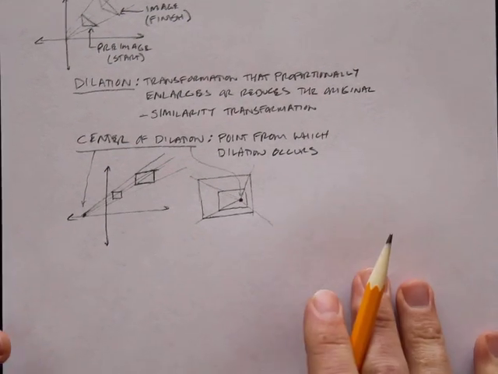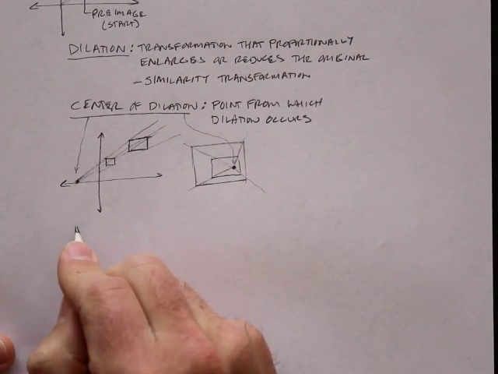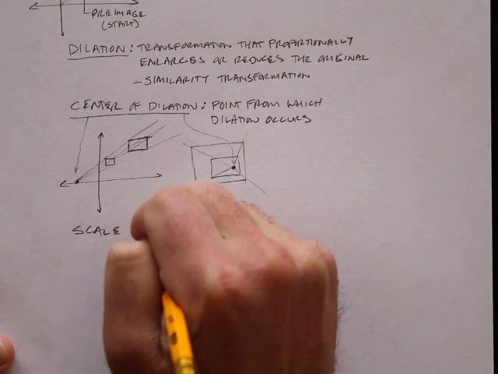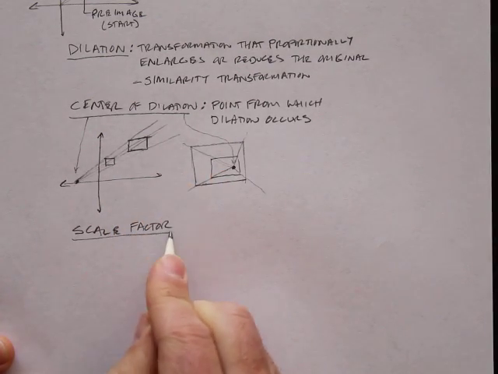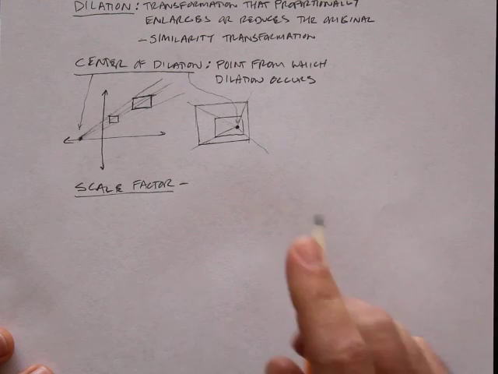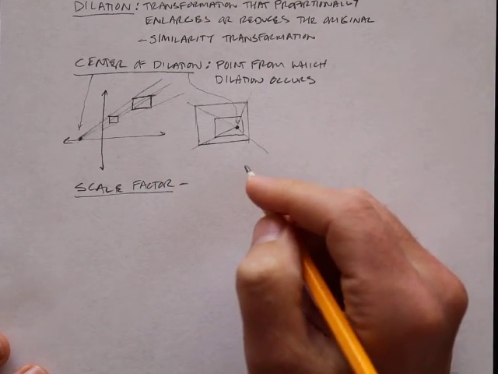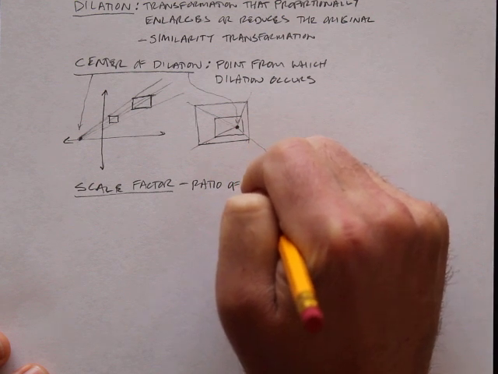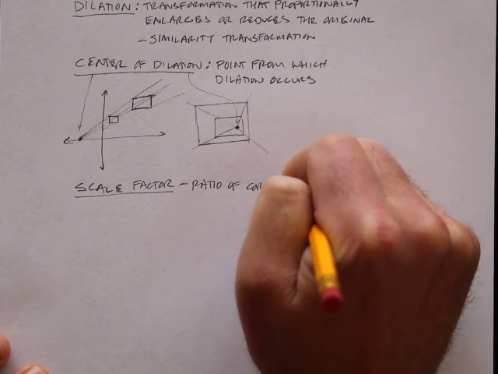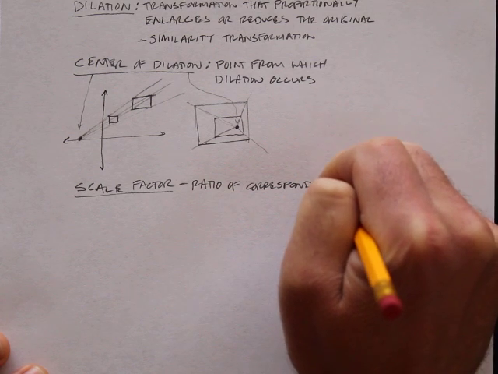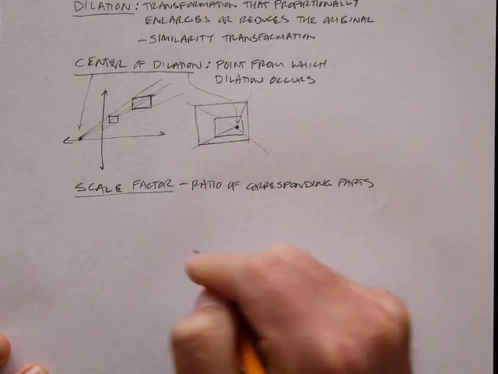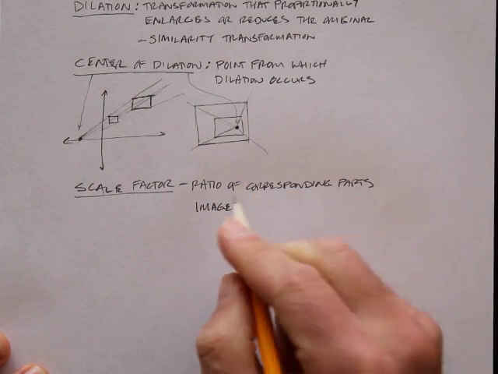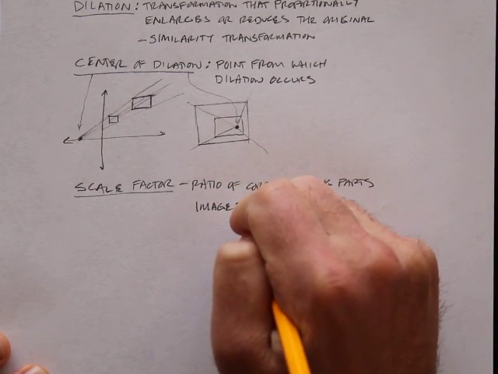One more term, and that is scale factor. This is one that we have already looked at, but we're going to talk about it a little bit more. This is the ratio of corresponding parts. So it's the image over the pre-image.